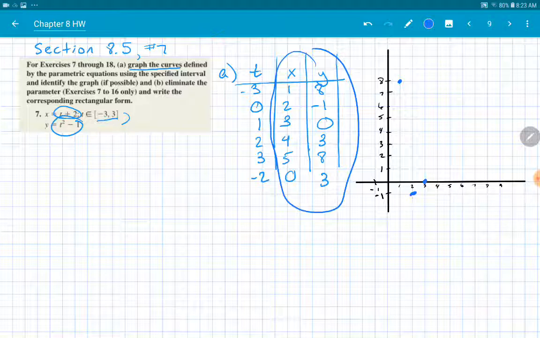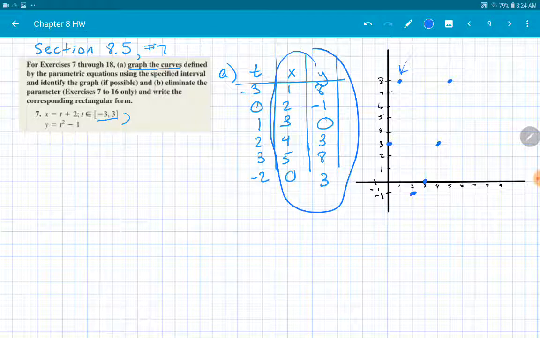Oops, I missed. No, that's good. And then 3, 0, 4, 3, 4, 1, 2, 3. And then we have a 5, 8, and a 0, 3. Well, something doesn't look quite right. This guy looks like I made a mistake, the first one, 1, 8.